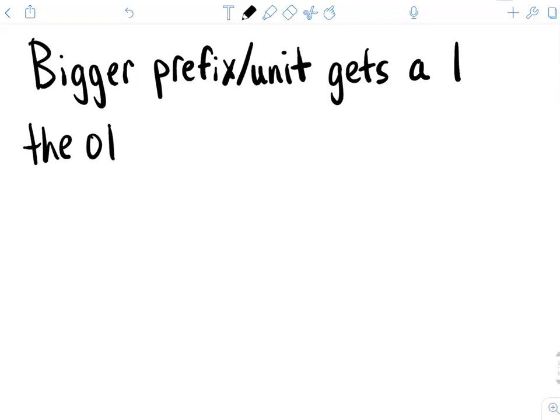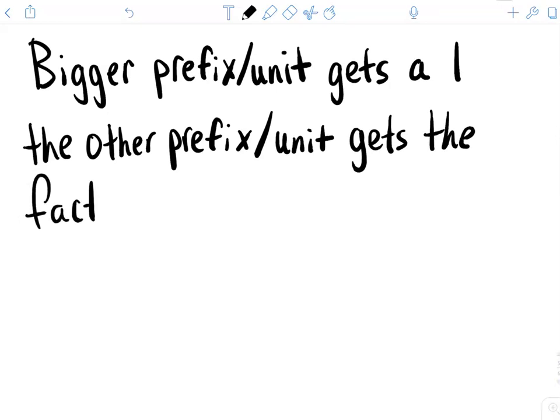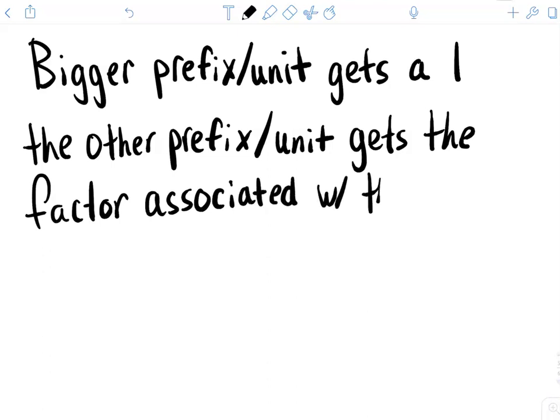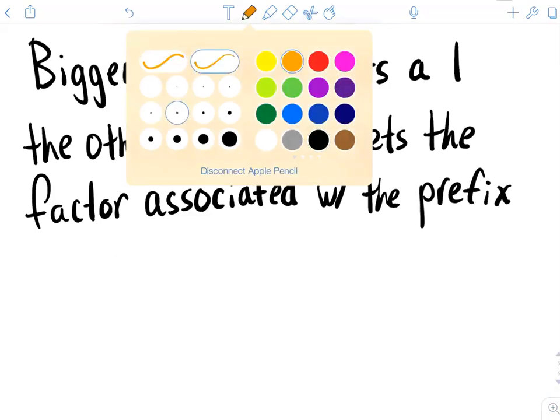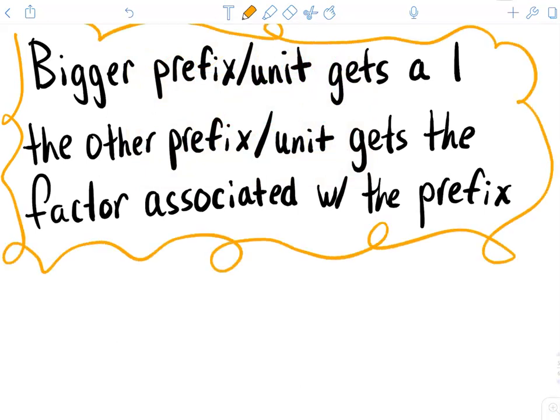The other prefix/unit gets the factor associated with the prefix. And you might be like, well, I am completely lost right now. I remember doing the bigger prefix, the smaller prefix, but I don't necessarily understand about the 1. That's what we're going to look at now.